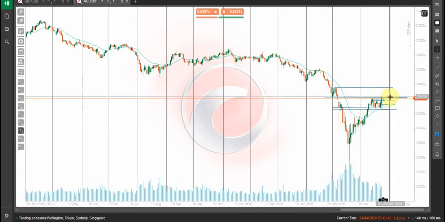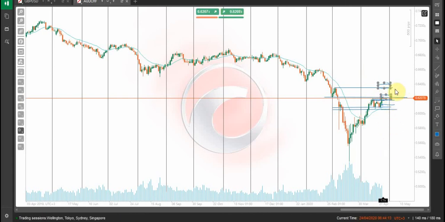So in daily, this is a good spot to enter, and this is also a good spot to enter long, either long or short, depending upon the selling pressure and the buying pressure.